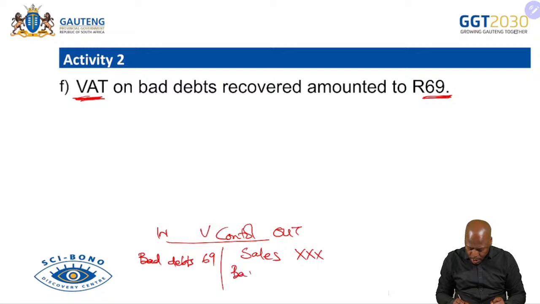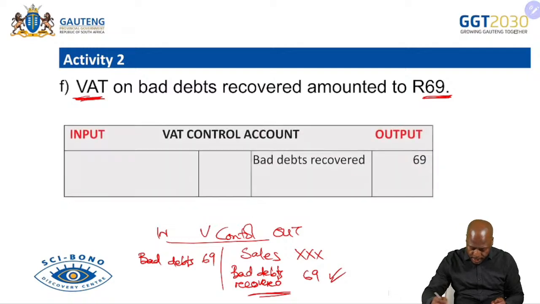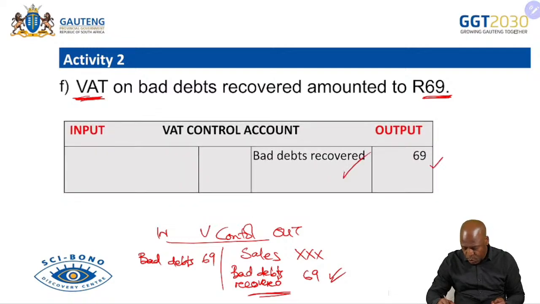So I'm now going to have my bad debts recovered, and it becomes 69. Bad debts recovered, 69. So my bad debts recovered will be on the output. All right, let's see. There it is, my bad debts recovered, which is my 69.